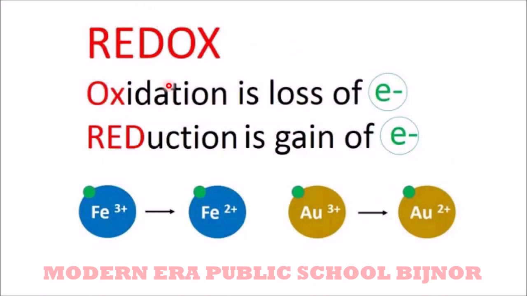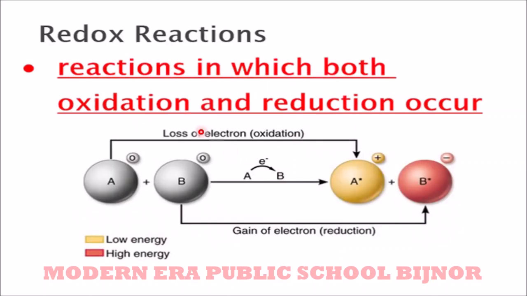So a redox reaction, by the definition of electron transfer: the substance which loses the electrons is oxidized, or undergoes oxidation, and the one which gains the electrons is said to be reduced, or undergoes reduction. So a redox reaction is one in which both oxidation and reduction occur.